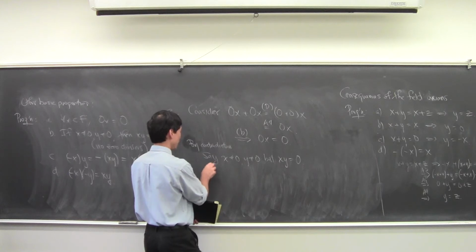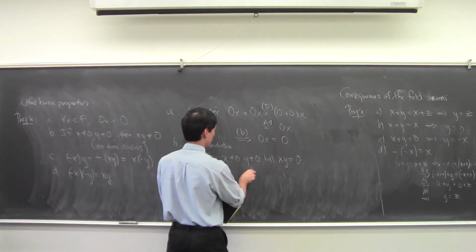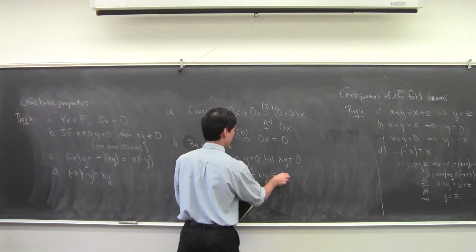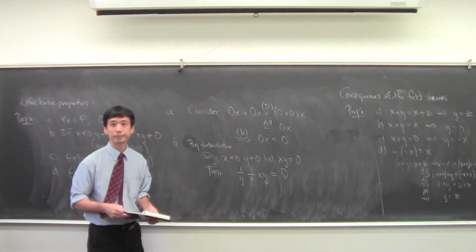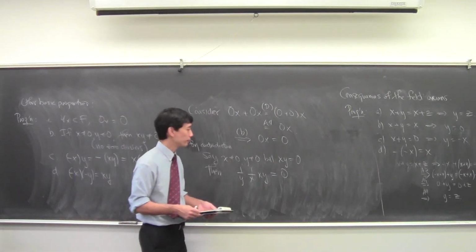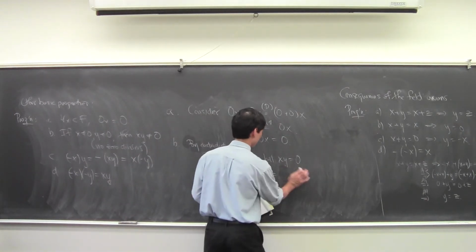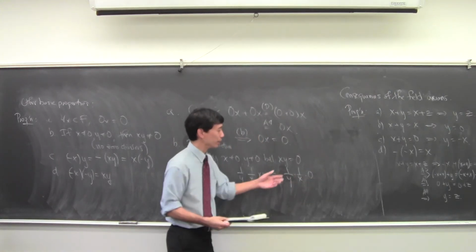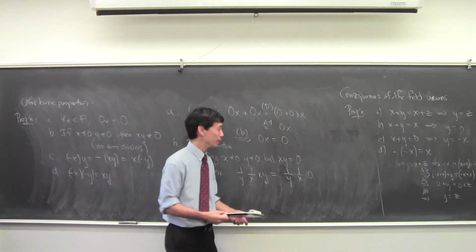So if you multiply by the multiplicative inverses, that's also going to be 0, because on the right-hand side we get 1 over y times 1 over x times 0. We associate, and that would be 0.